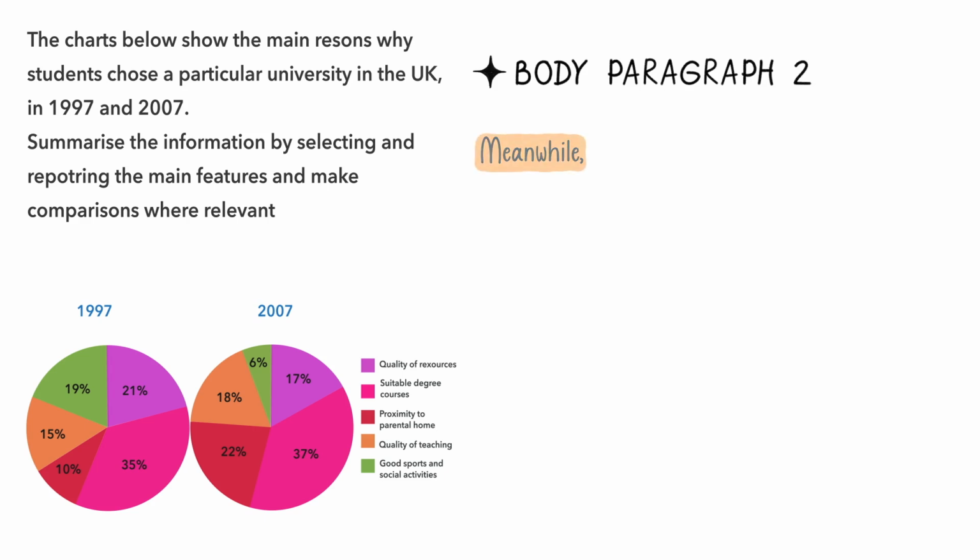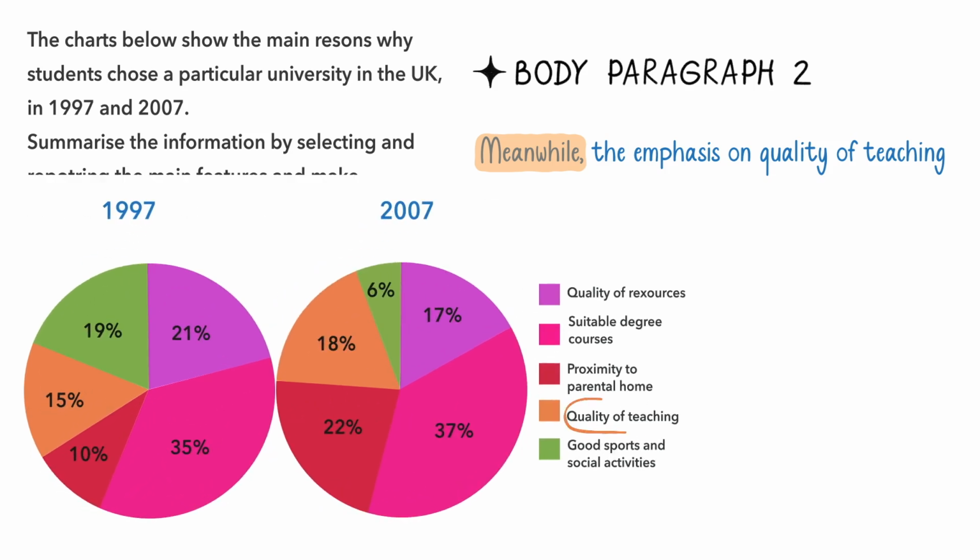Meanwhile, it's a very good word you can use in writing your second body paragraph. Meanwhile, the emphasis on quality of teaching and resources. Now, let's take a look at our quality of teaching. So that was 15 persons in 1997, and it increased to 18 persons, right, in 2007.